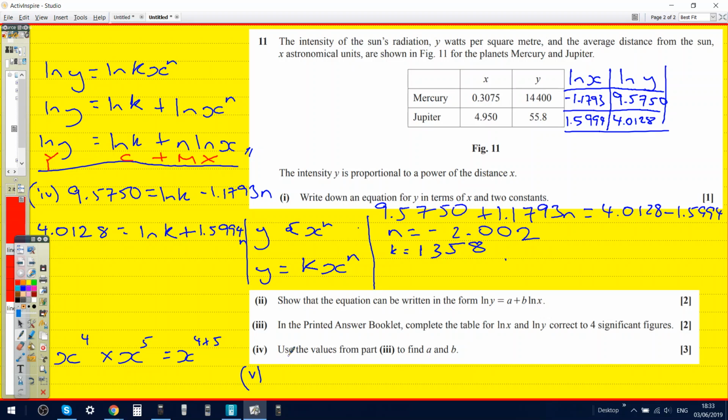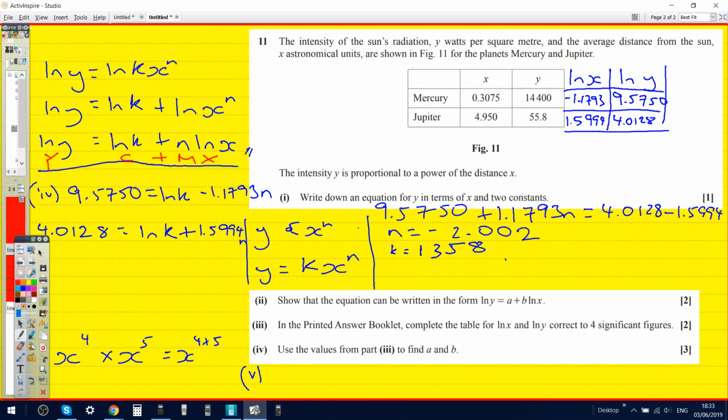Just looking for a piece of paper I was using. That's odd. Okay. So what do they want again for question 5?